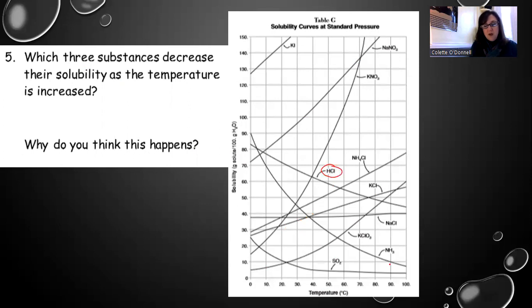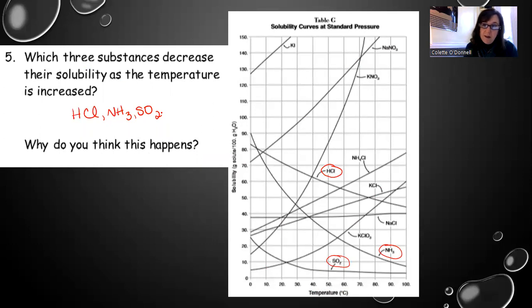I think maybe you will notice that HCl goes down and NH3 goes down and SO2 goes down and then kind of levels off a little bit. So what would I say here? I would say HCl, NH3, and SO2 are the 3 substances whose solubility decreases as the temperature increases.